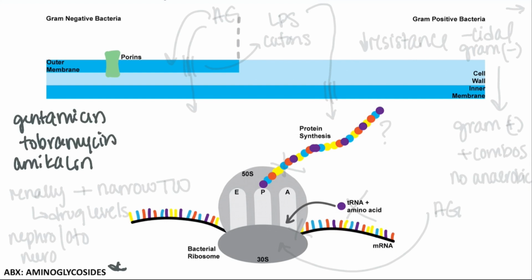And these agents actually bind the 30S ribosomal subunit and are thought to have a number of effects, but one of the most notable being their ability to disturb protein elongation by causing inaccurate translation of the mRNA template, giving rise to inaccurately translated proteins that are either truncated or whose sequence leads to dysfunction and eventually inhibits bacterial growth and replication.